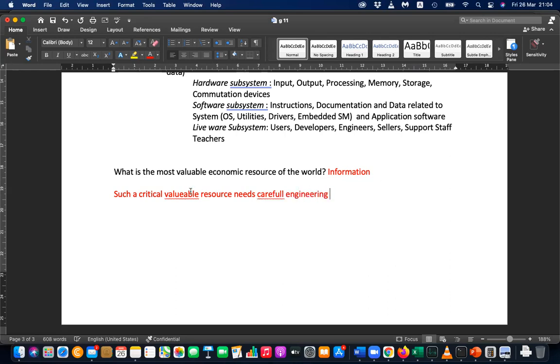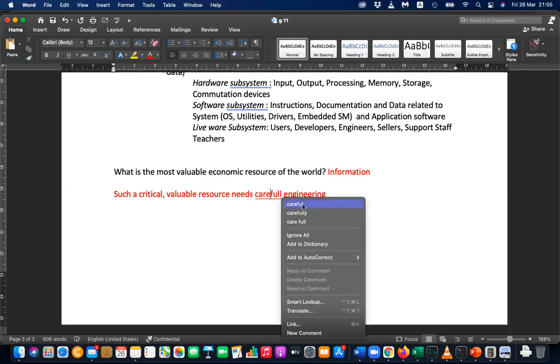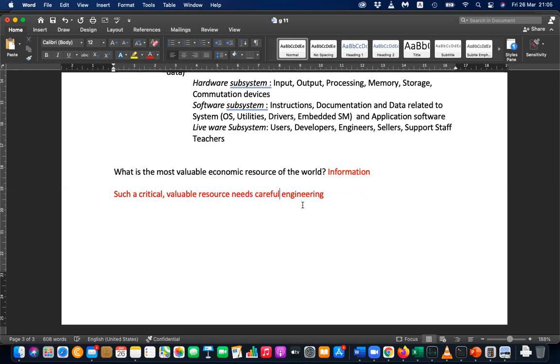Software produces information, so because of that you need careful engineering, and that's why we have SDLC, the system development life cycle.